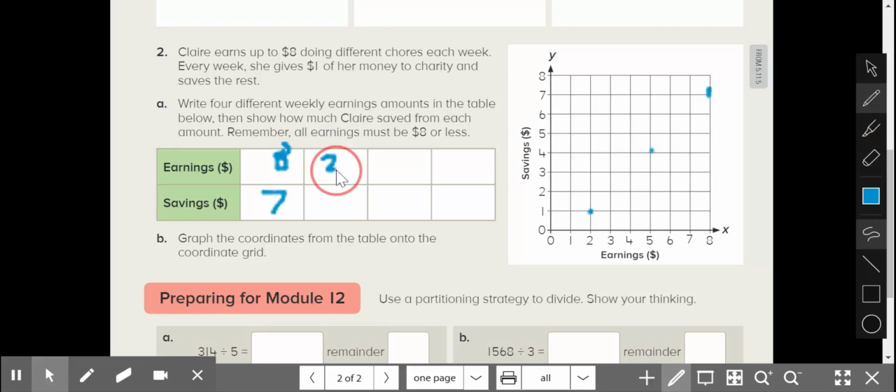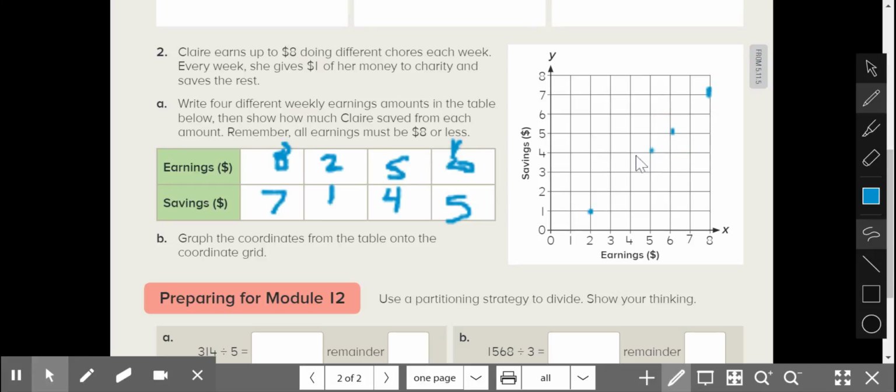Earn $2, $1 ends up in savings. There's going to be a difference of $1 in each of these. Earns $5, put $4 in savings, and we'll do one more. We'll say that she earns $6. Then she's going to keep $5 in savings. We can put this on here, $6 earned, $5 saved.